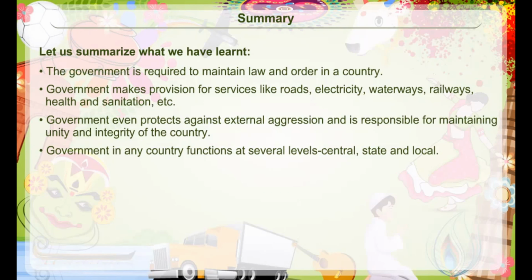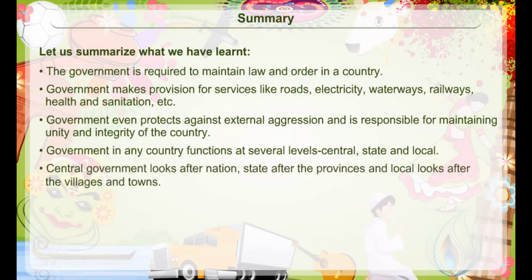Government in any country functions at several levels: central, state and local. Central government looks after the nation, state after the provinces, and local looks after the villages and towns.